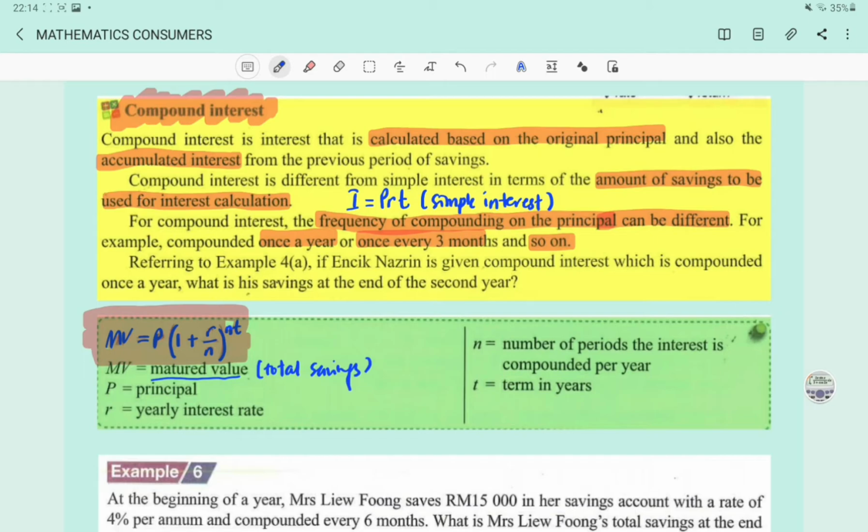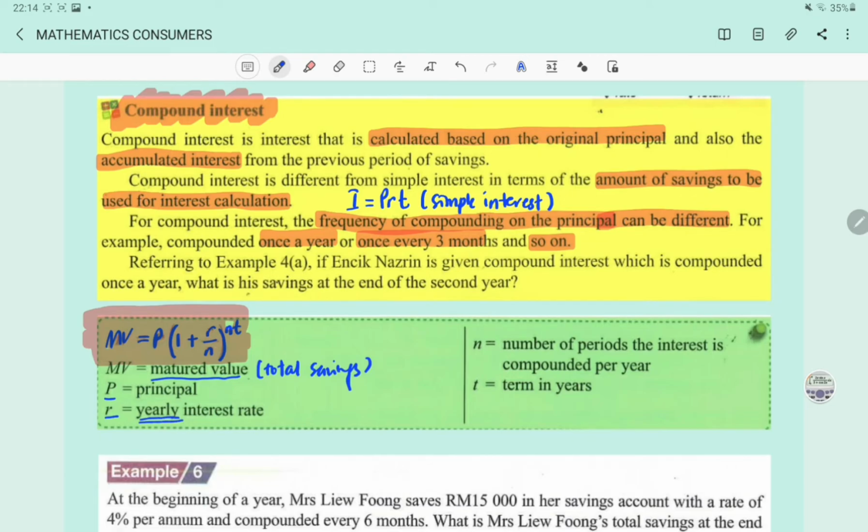P refers to the principal, the initial amount of money deposited in the savings account. R refers to the yearly interest rate.